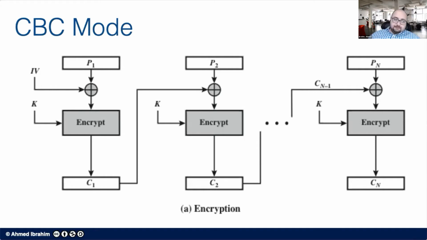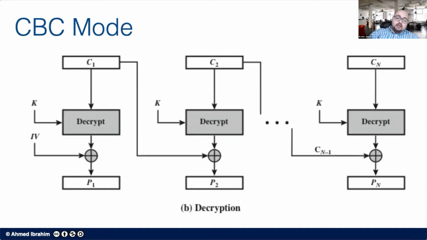In decryption, you take C1 decrypted, and whatever comes out, you XOR it with the initialization vector, and this is your real plain text. The next ciphertext you decrypt, and then XOR it with the previous ciphertext, and this becomes your P2, and that process is what you do until you reach the end of the ciphertext.